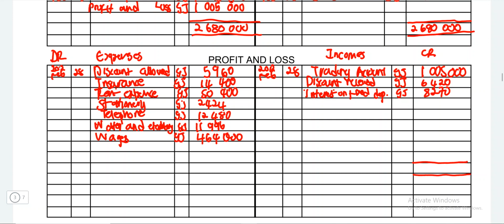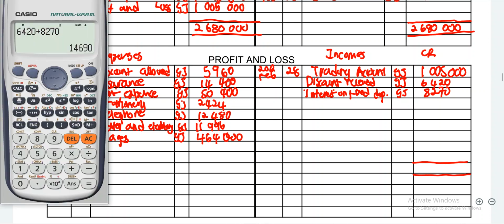Okay, so let's check between these two sides. You can already tell that the credit side will be the bigger side. We already have 1,005,000 here, so we're going to add the credit side: plus 6,420, and then plus 8,270, it is going to give you 1,019,690.